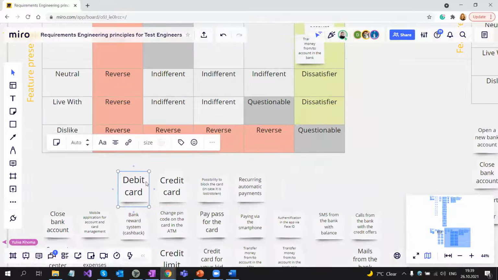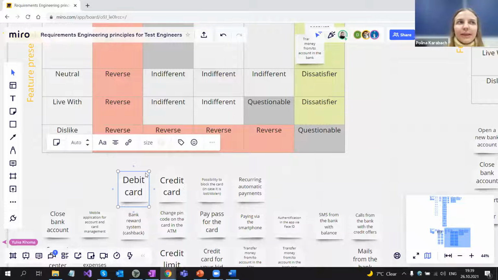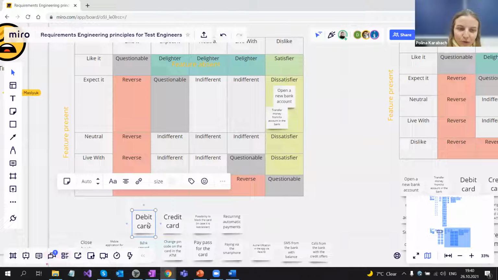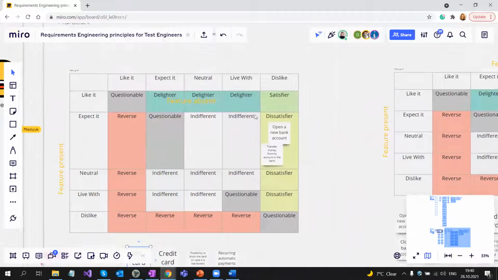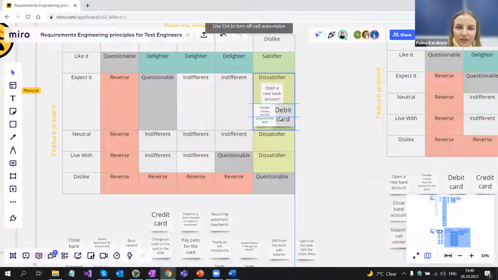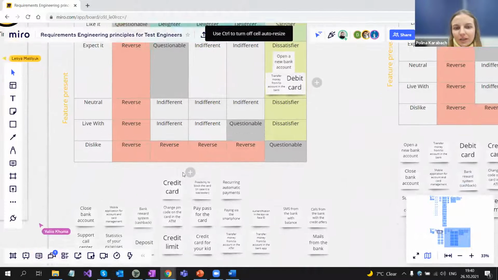Do you mean that I will be able to open a new debit card, or I would rather see a summary of my latest operations with my debit card? Just be able to have it. Okay, so I would expect that for sure. Expect if it's present, and if it's absent, dislike, or live with? I think it's rather dislike. Okay. So dissatisfier.